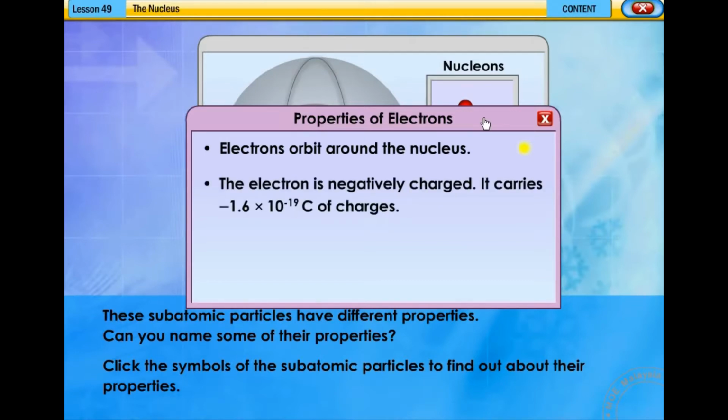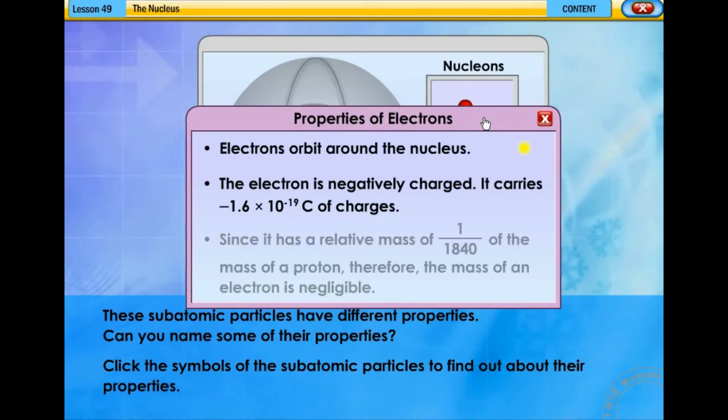The electron is negatively charged. It carries negative 1.6 times 10 to the power of negative 19 coulombs of charge. It has a relative mass of 1 over 1,840 of the mass of a proton, therefore the mass of an electron is negligible.